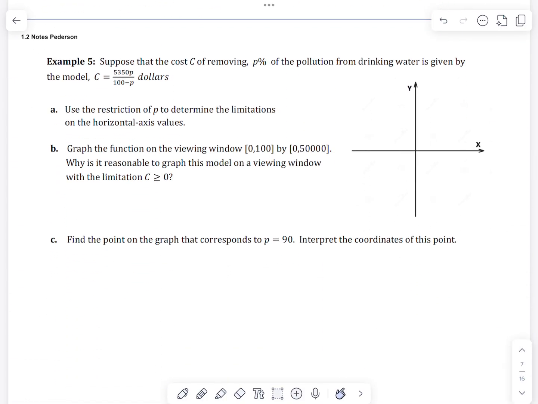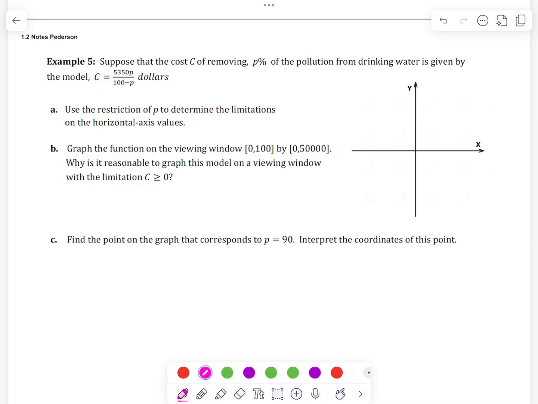Example 5. Suppose that the cost of removing P percentage of population from drinking water is given by this model. C equals 5,350P divided by 100 minus P dollars. And what we want to do first is use the restrictions of P to determine the limitations on the horizontal axes.